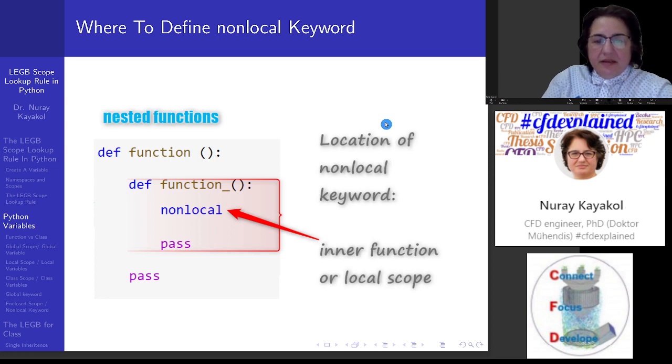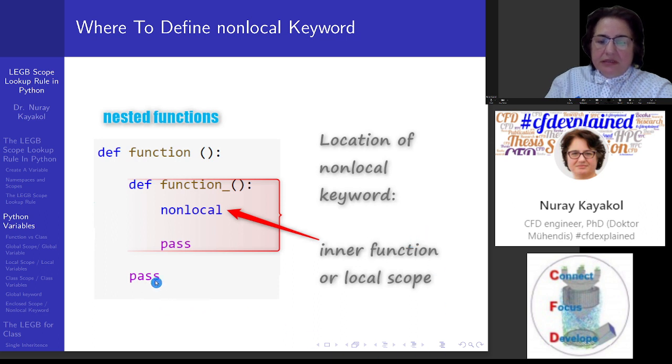Again, if you want to change the variable inside of a function, you can use the nonlocal keyword. When you define a variable with this keyword, your variable will exist both inside of the function and outside of the function. You will see some examples here.